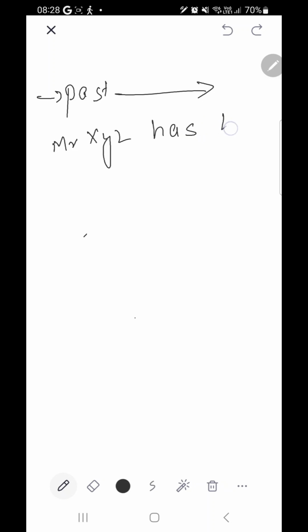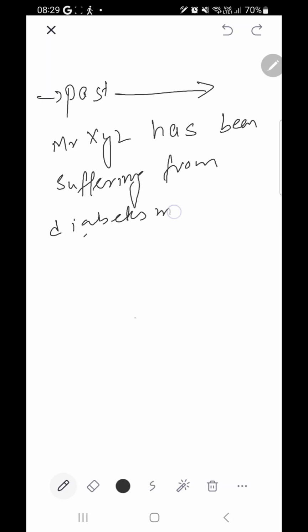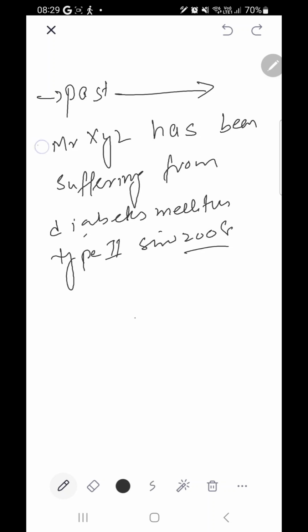has been suffering from diabetes mellitus type 2, let's say, since 2008, let's say. So we can see that it's a past event started in past 2008 and it will continue. We can also rewrite this sentence in this way.